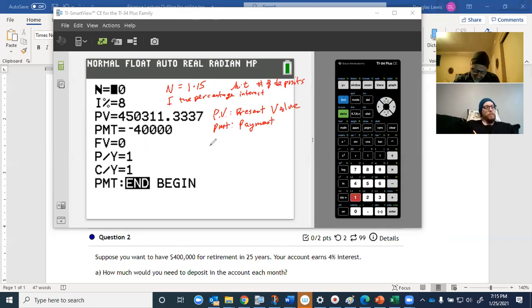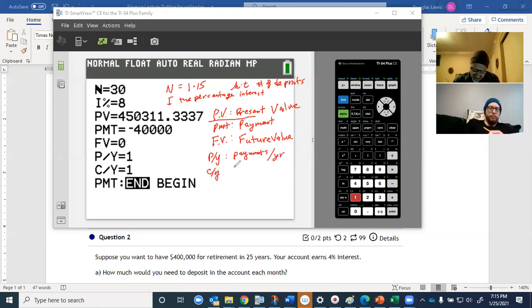What do you suppose FV stands for if PV stands for present value? FV, of course, is going to stand for future value. Exactly, future value. And P/Y is payments per year, of course.